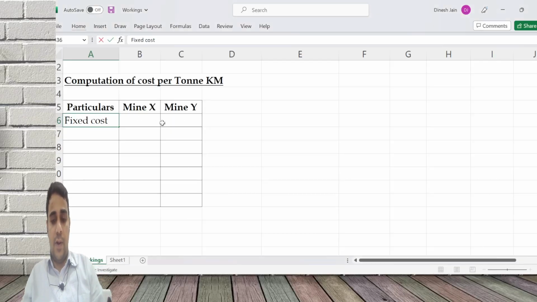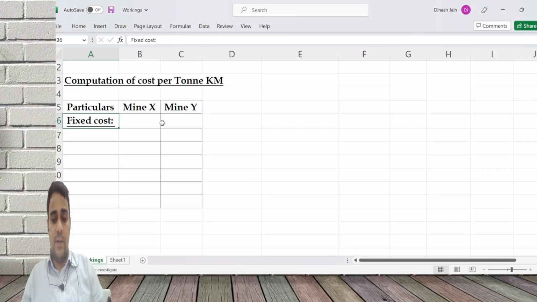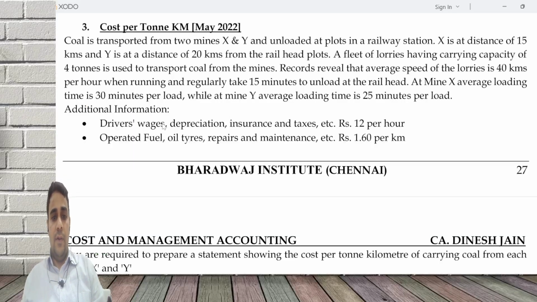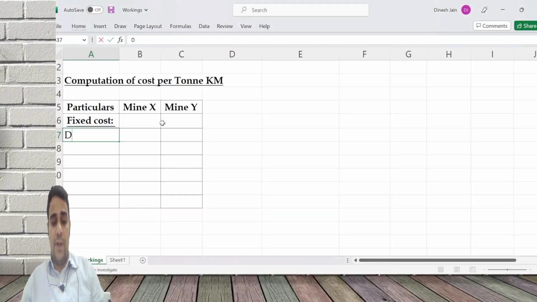One is fixed cost. The fixed cost is driver wages, depreciation, insurance, tax, and fuel, oil, repairs and maintenance is variable cost. So in fixed, we have driver wages, depreciation, etc.